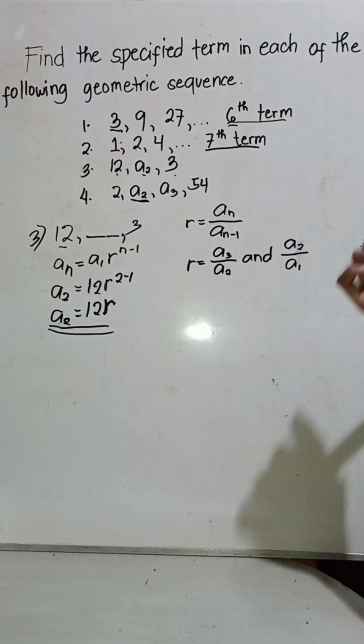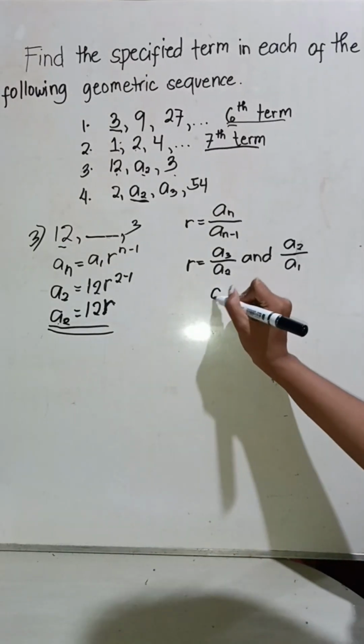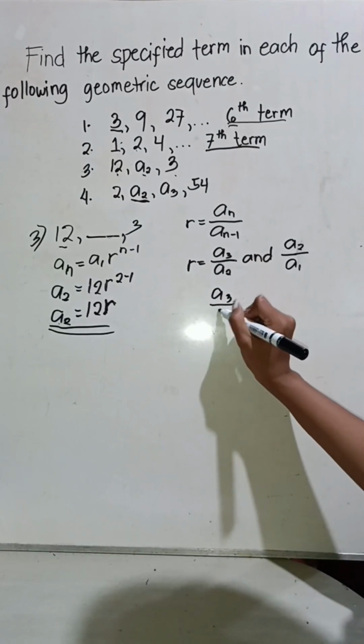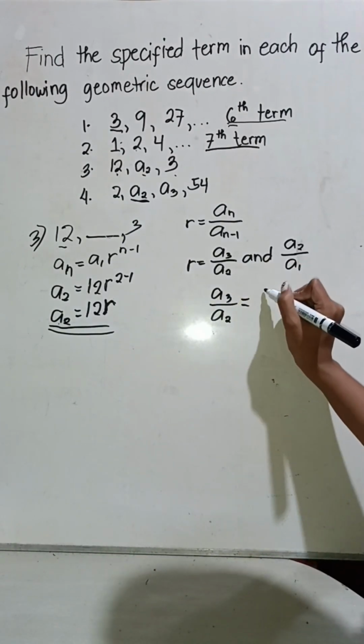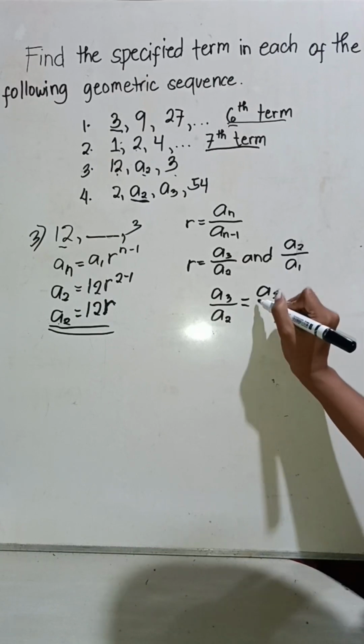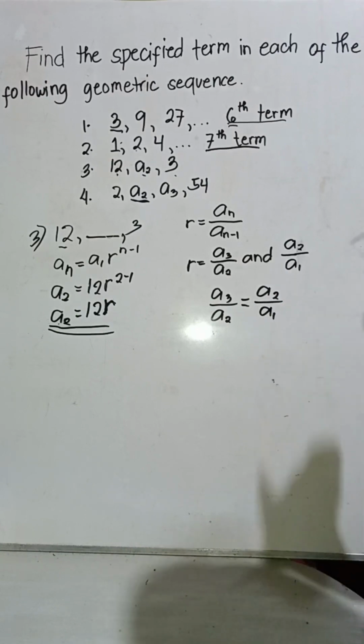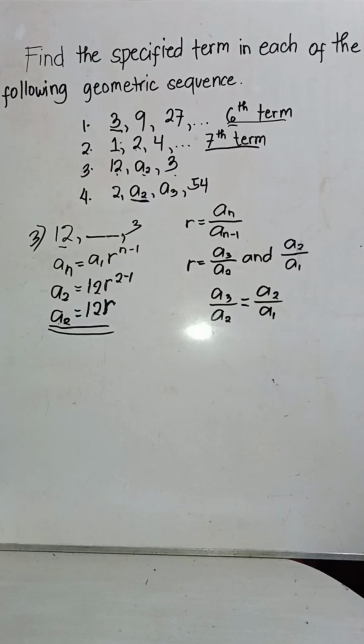Therefore, we can equate a sub 3 over a sub 2 is equals to a sub 2 over a sub 1, kay ratio man, di ba? This can be our basis in finding the geometric mean.